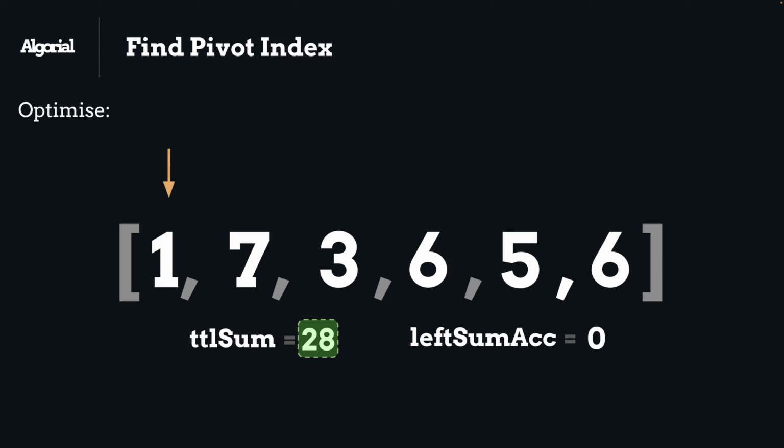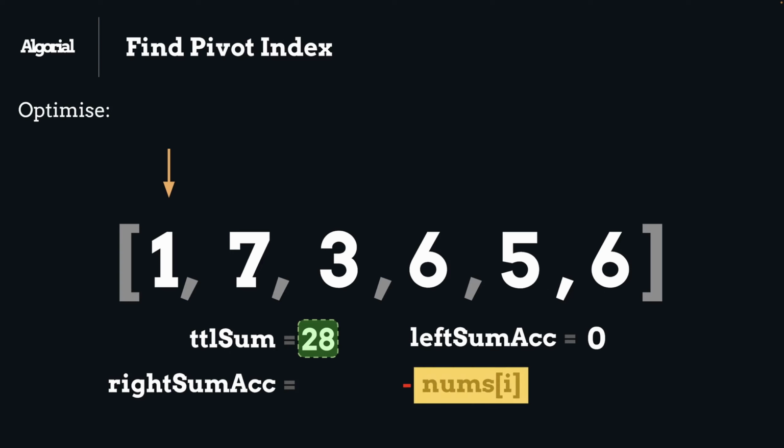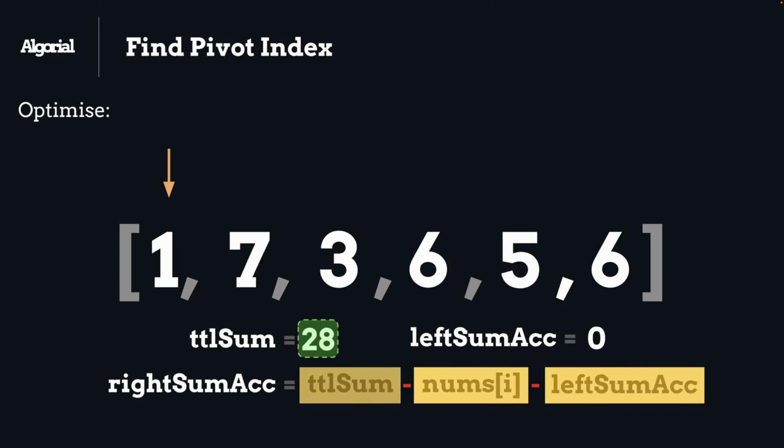Then for each value in the iteration, if we only calculate the left sum as we go through the iteration, calculating the right sum will be really simple. It will be as simple as subtracting the current value and the accumulated left sum from the total sum.